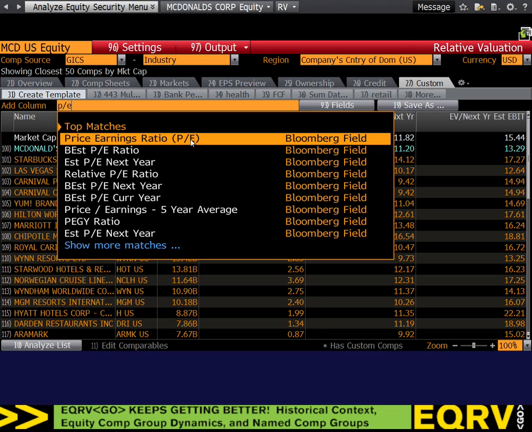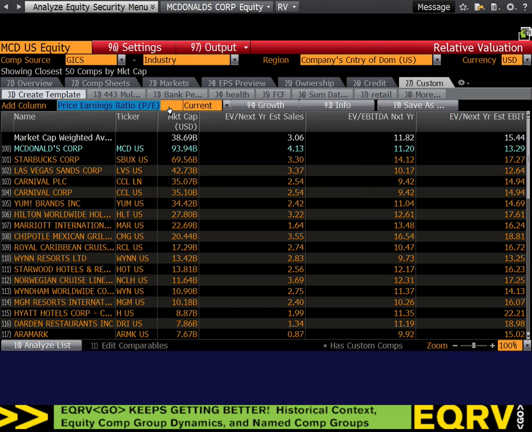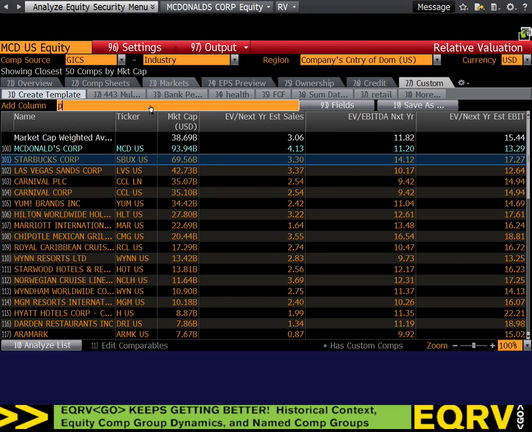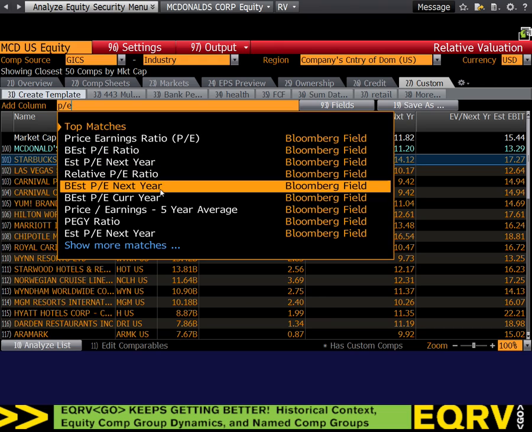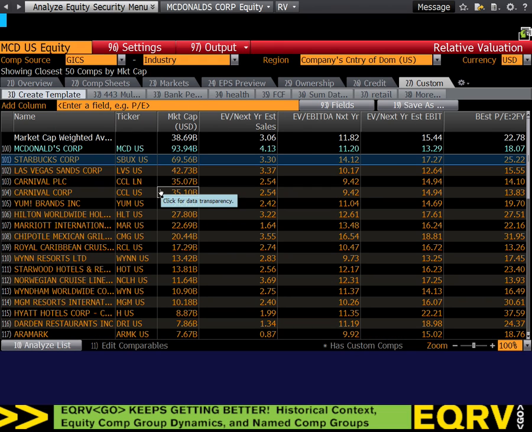I could also go to the PE ratio itself, and I could choose a custom period to get to the same answer. So they give you multiple ways to get to the same data point. So in this case, again, I'll go to PE. I want the best PE for next year, the Bloomberg estimate.